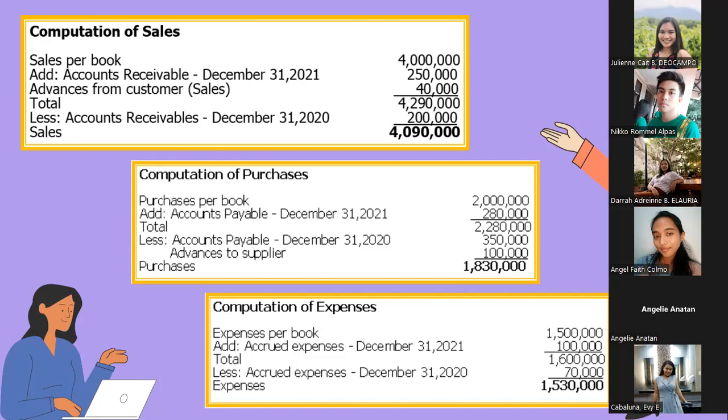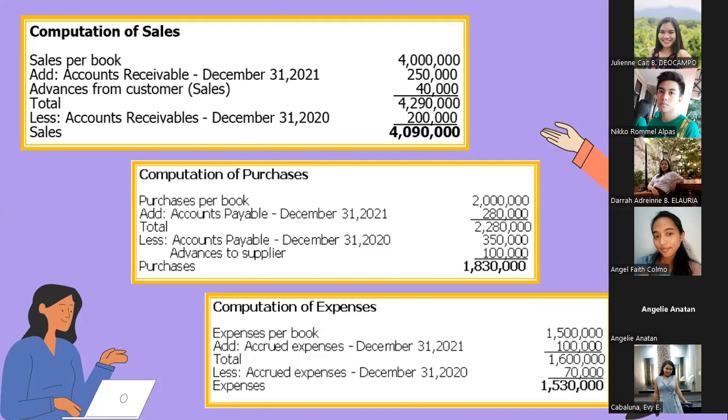Then the total is 2,280,000, less accounts payable December 31, 2020 of 350,000. It is from our entry number 3, wherein we debit retained earnings and credit purchases.